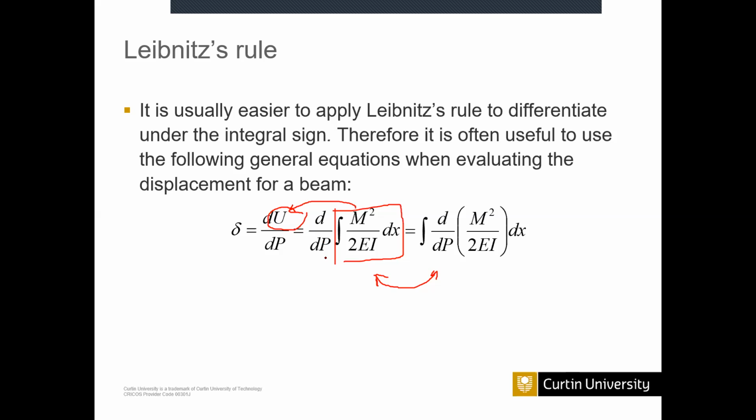So in this lesson, if you integrate and then differentiate, it will be a little bit difficult to do the calculation. So you need to differentiate, then integrate later. That's why we will use the Leibniz rule. Normally this is the equation you will get, then you need to rearrange it using the Leibniz rule.